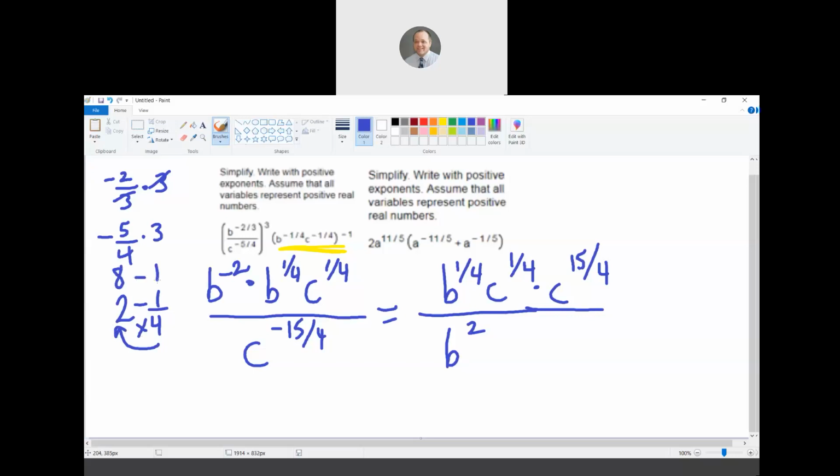And 8 minus 1 gives us 7/4. So we have b to the 7/4 down here. The reason why I put the 7/4 down there is because when you subtract exponents, you always put your result where the larger exponent was.